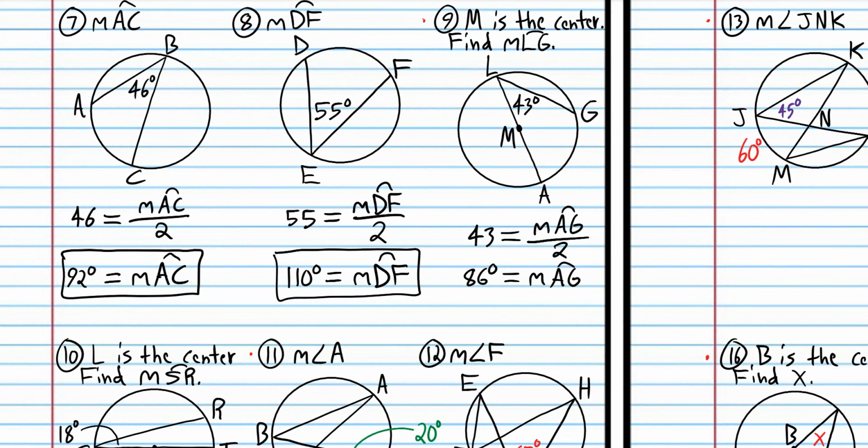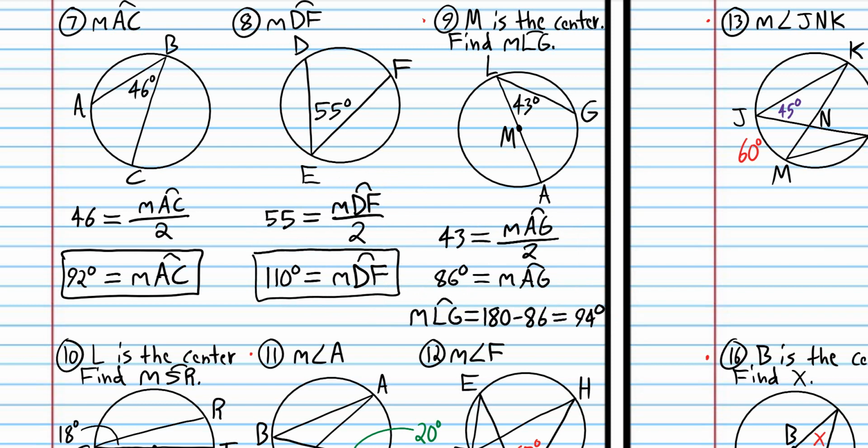The measure of arc LG is equal to 180 minus the measure of arc AG, which is 86 degrees. And that equals 94 degrees. So let me move this over a little bit.